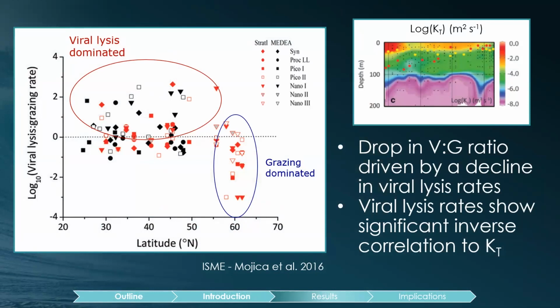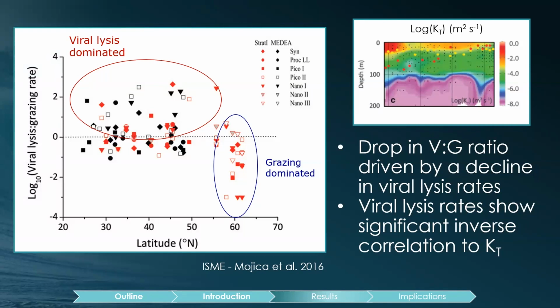Here I'm showing the log of the ratio between viral lysis and grazing rate over the latitudinal gradient. The dotted line shows where those two processes are equal, or in balance. Everything above that line is where viral lysis dominates, and everything below, grazing dominates.